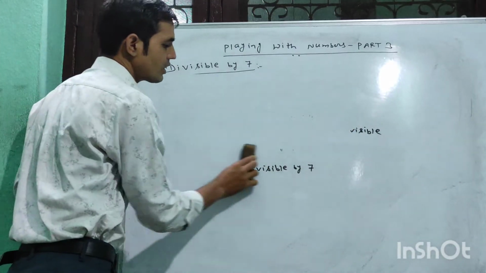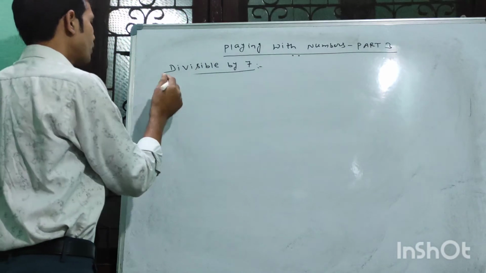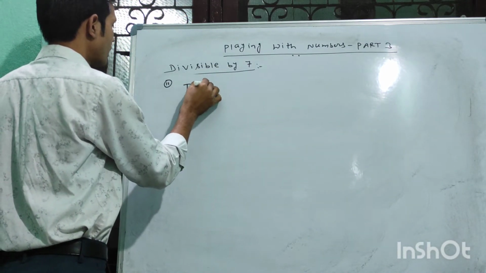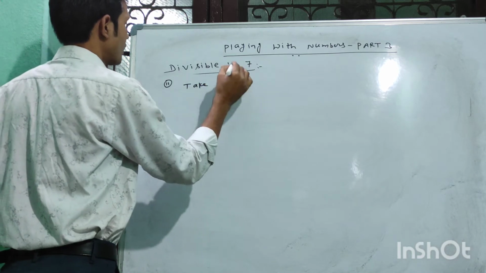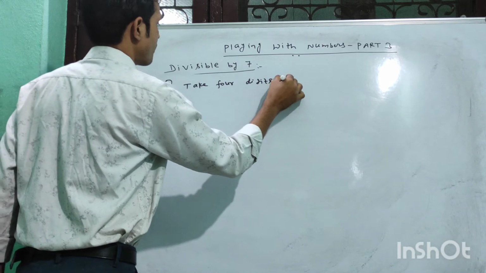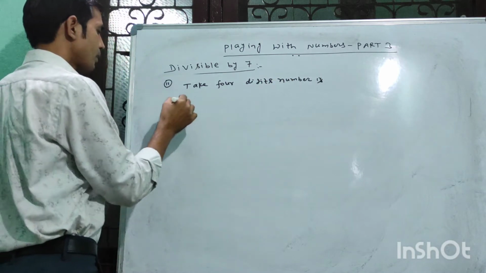Now we'll go to one more concept. Suppose we take 4-digit numbers. This is the second concept, 4-digit numbers. How will we write?